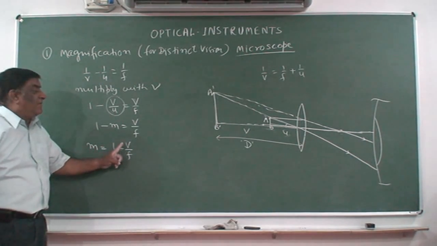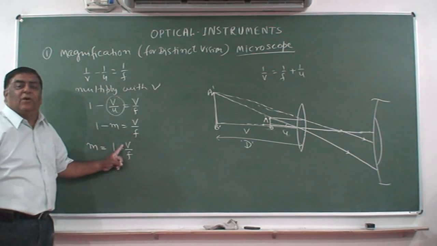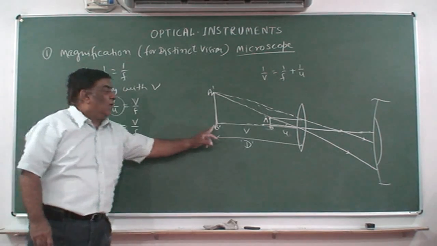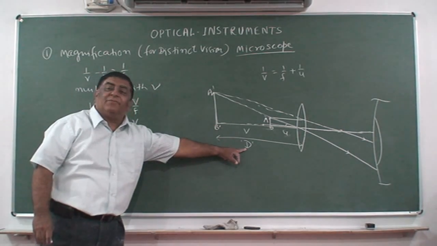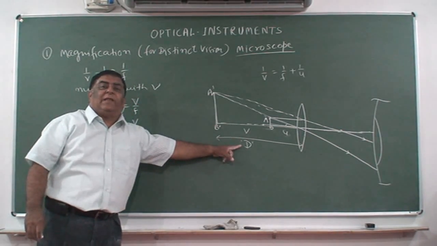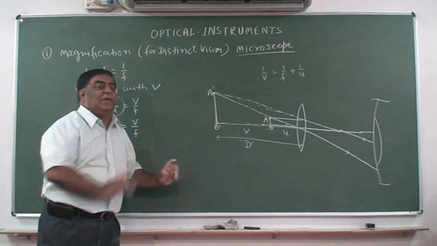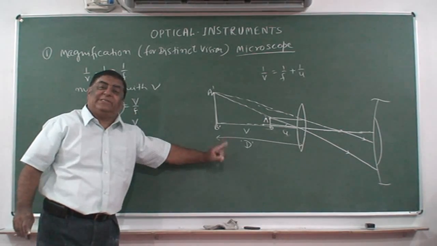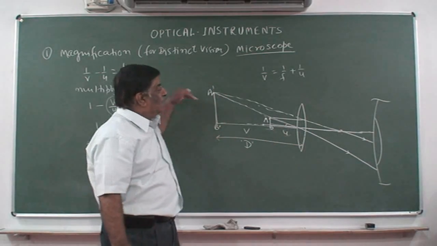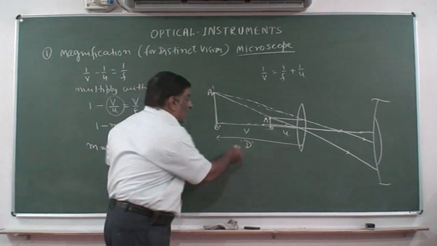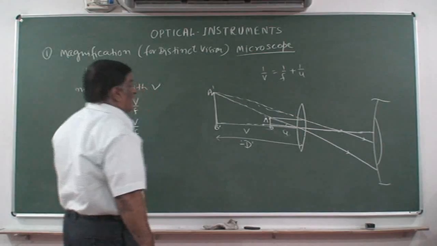Now what is the location of V? What is the location of image? The answer is we want the image at a distance of D. So this value we assign to V. How much is this value? This value is D. And what is its sign? It is on this side from where the rays are coming. So its sign is negative.